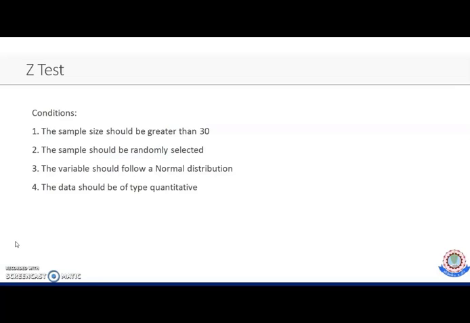In a given observation which is to be analyzed, the sample should be of size greater than 30 and also the sample should be randomly selected. The variables corresponding to each and every sample must follow a normal distribution and the data represented should be of type quantitative. So these are the conditions that have to be adhered to while doing Z test.